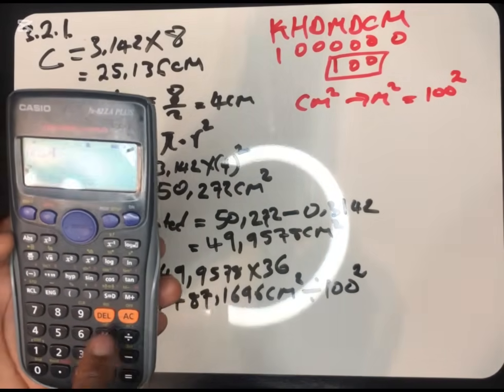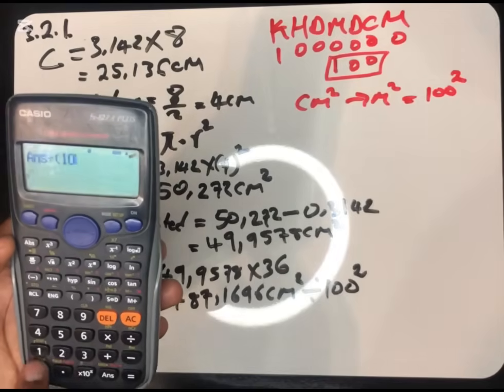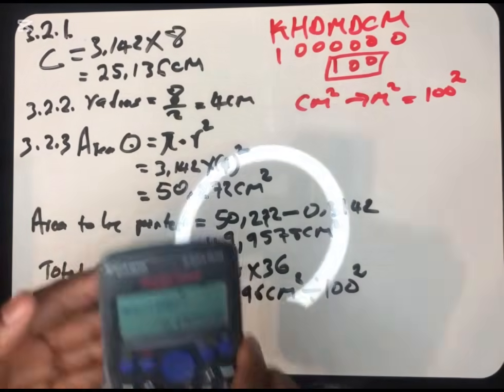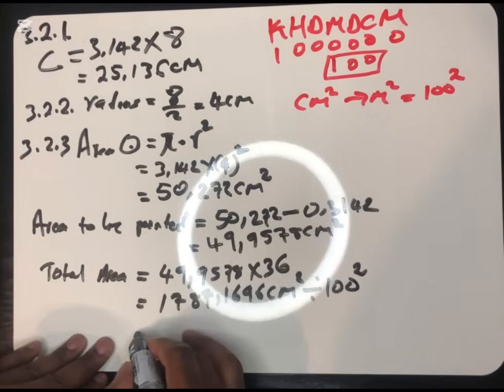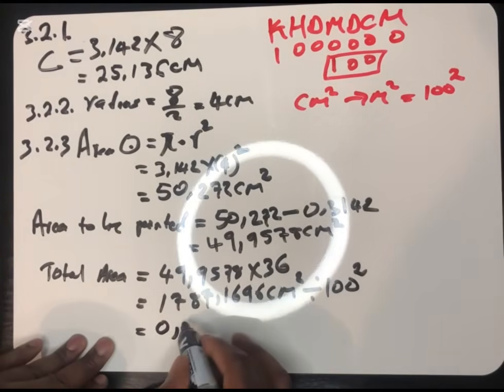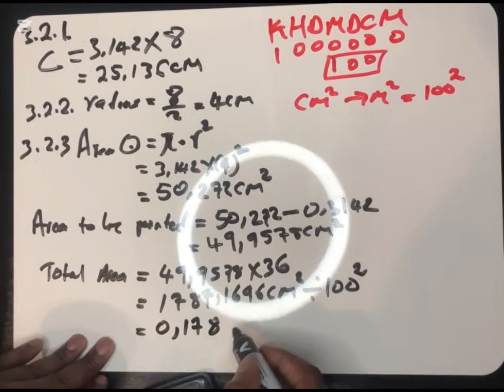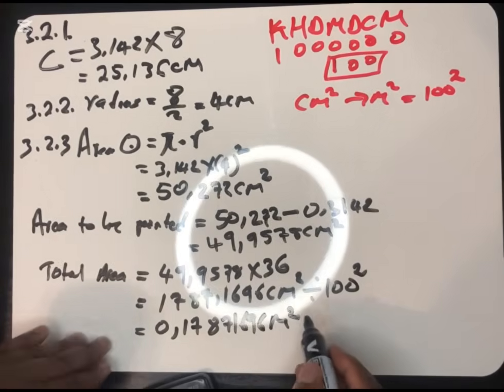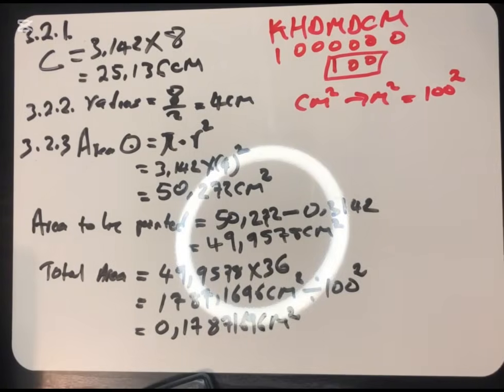I'm just going to divide by 100 squared. Now I found that this entire value is the same as 0.17871696 meters squared. Now I've converted this to meters squared.